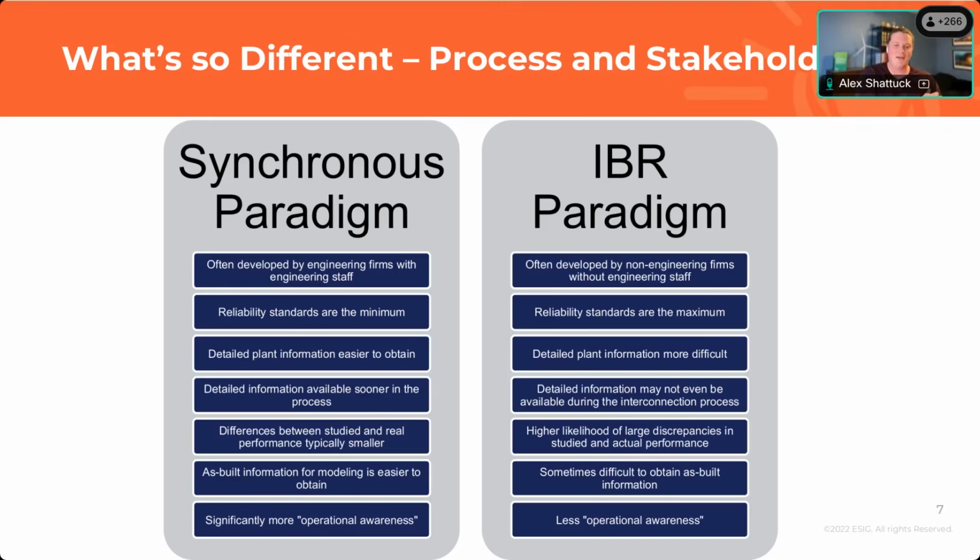You don't know which one you want, that type of thing. It might change, it might be firmware releases or bug fixes. Getting the detailed plant information for modeling is much more difficult. And because of that, and because of the software-based nature, mistakes lead to bigger discrepancies. And then also finding as-built information can be very difficult, just for all the same reasons above.